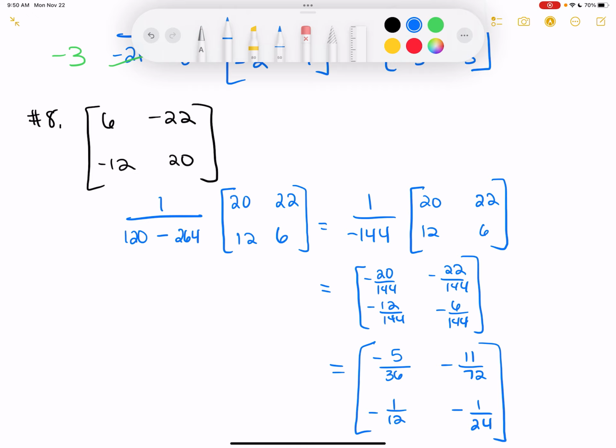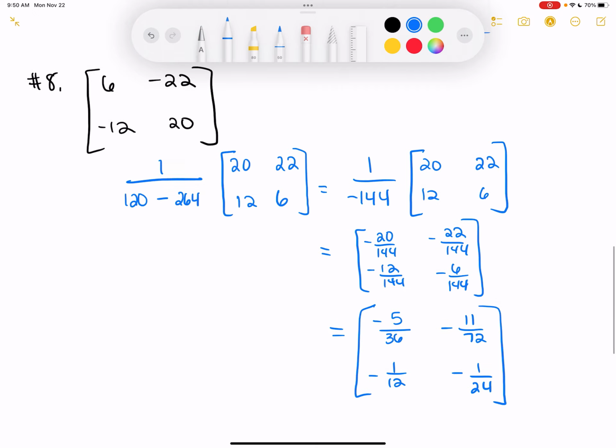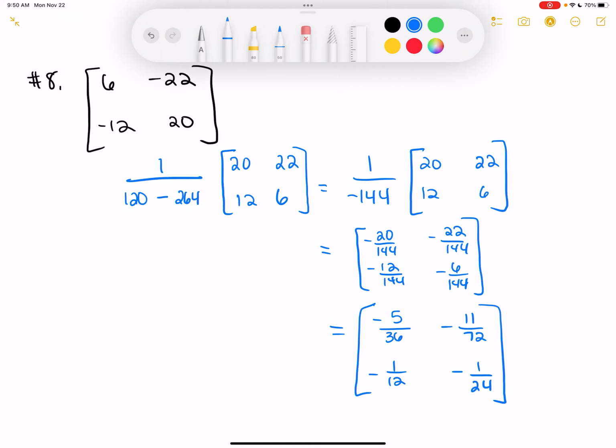Almost. Unless you just said the bottom left one wrong. Oh, I did say the bottom left one wrong. Yeah, it's 1/12. Technically you should simplify, but if you left it here, I'd probably go ahead and give you credit for it. I left the top two the same, but I simplified the bottom two because it was easy.